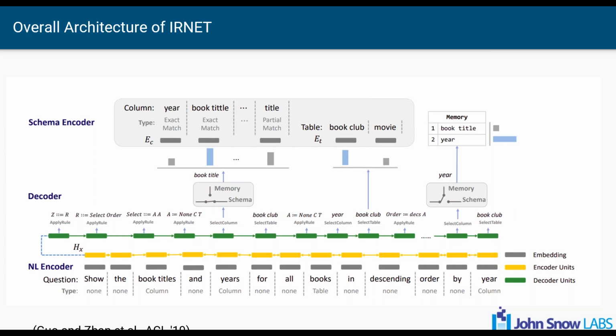Here we have also used a memory method, and to do that we have used some pointer networks in IRNet. Either it will query from the memory itself, or it will look at the schema and choose which column or which table is the best match for the given query. Okay.